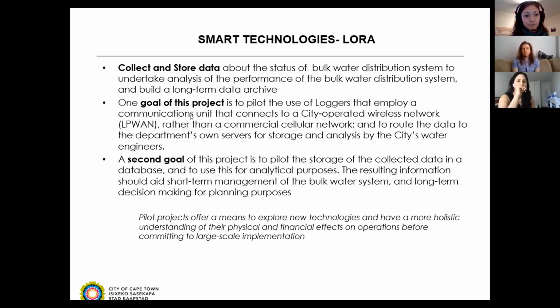Our goal of this pilot project is to employ a logger that is LoRa enabled, send data to a back-end server that City of Cape Town can host, and be able to use the data instead of relying on web-based data coming from a third party.